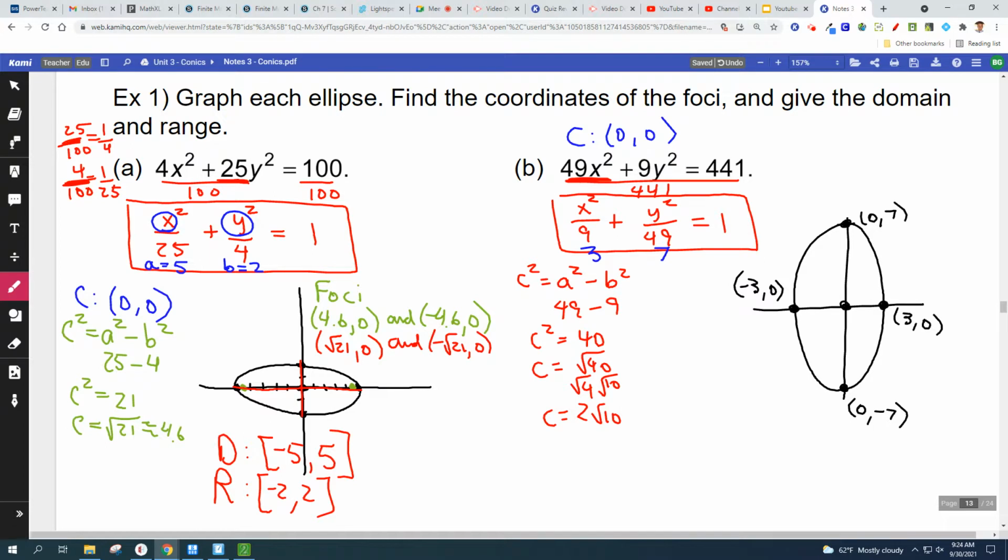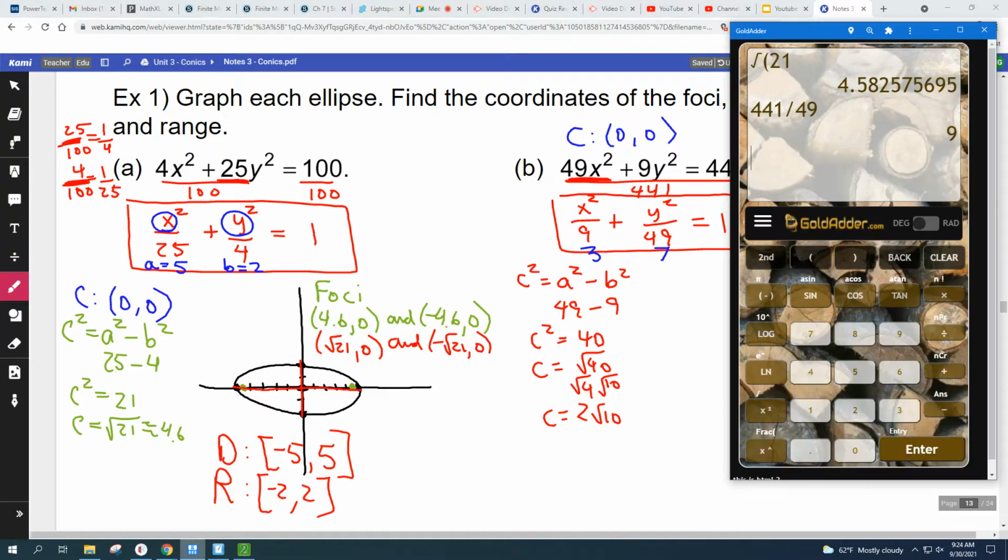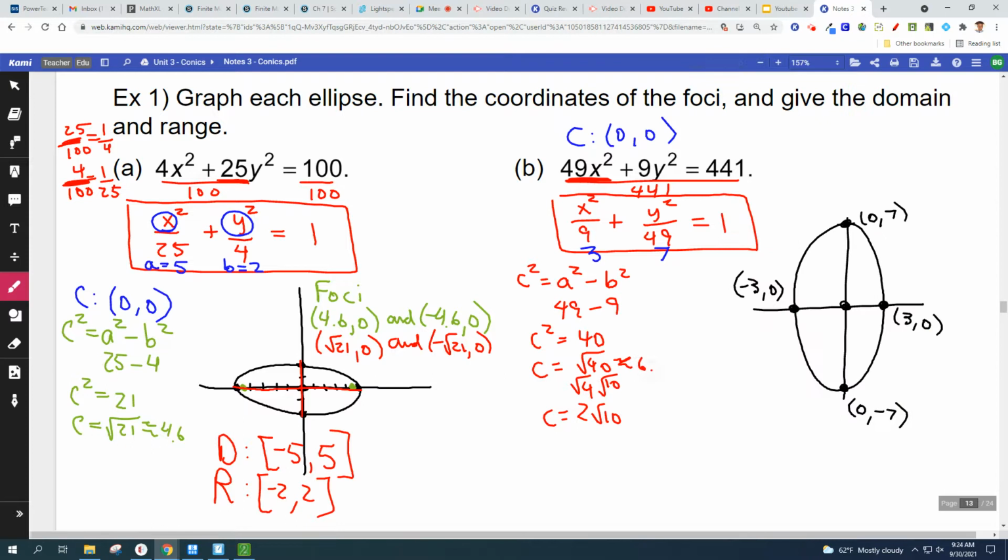But you might as well just type it in and see. About 6.3. So we need to go 6.3 in this direction and 6.3 in this direction. Those are your focus points. Two of them.